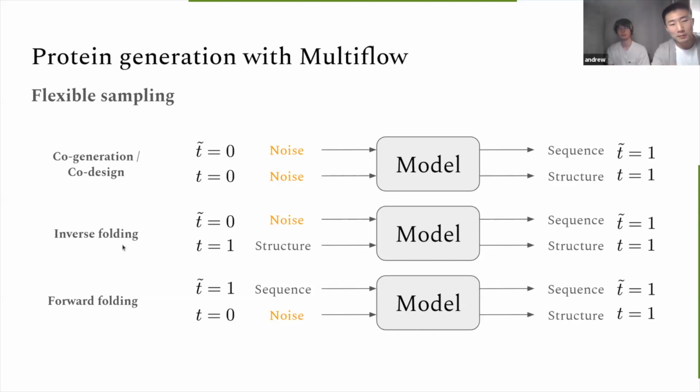But we also want the capability to do inverse folding and forward folding by fixing one of the times to always be one here. But then there's also other cases where you might want to do partial denoising, like you might want to partially denoise a structure and let the sequence catch up. So by decoupling time in the training objective, you have flexibility in being able to sample with any rate of structure and sequence and any sort of protein generation task.